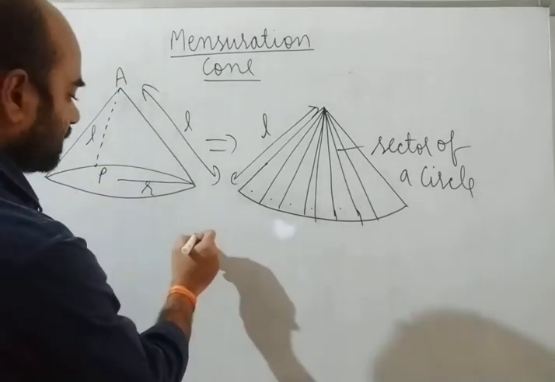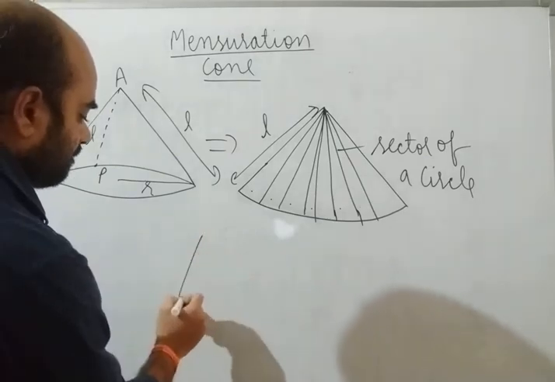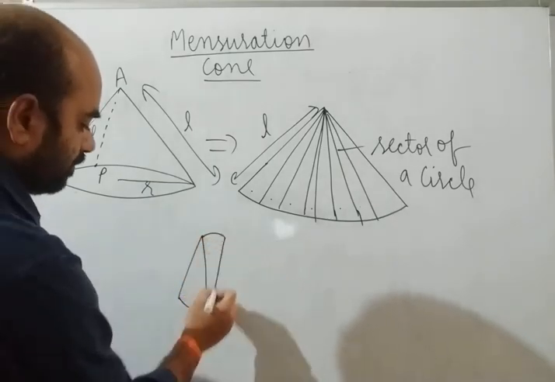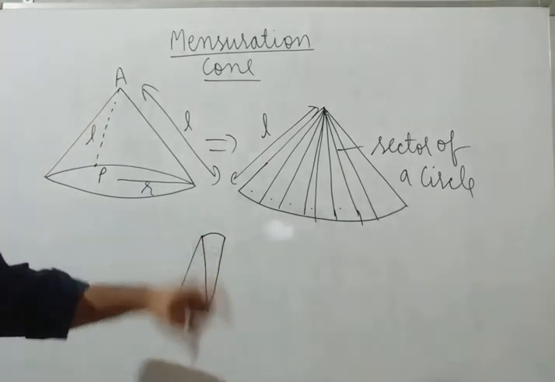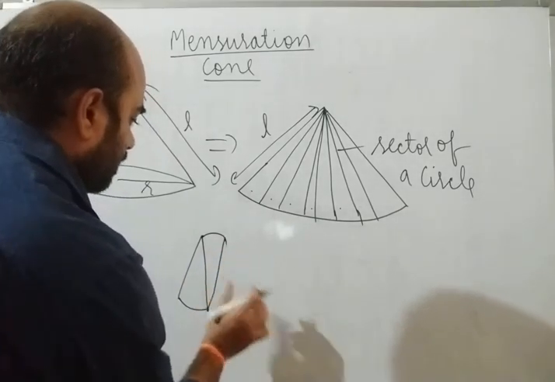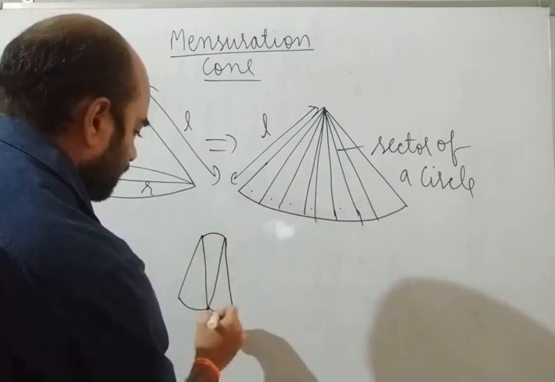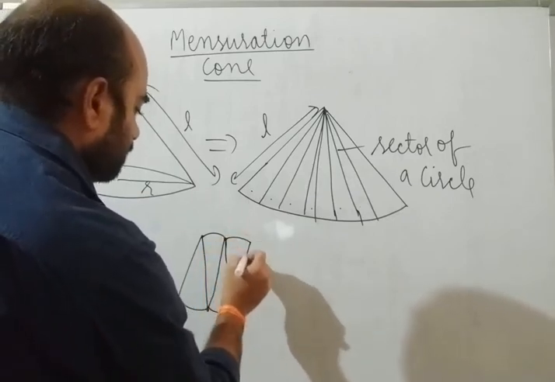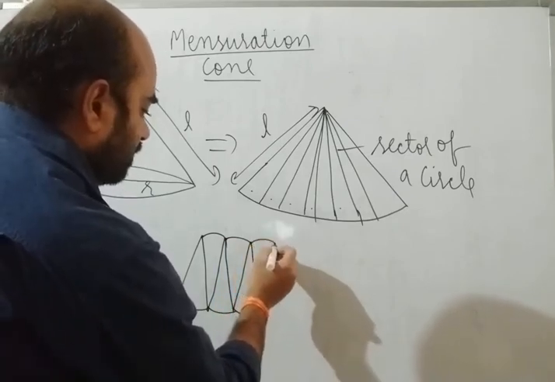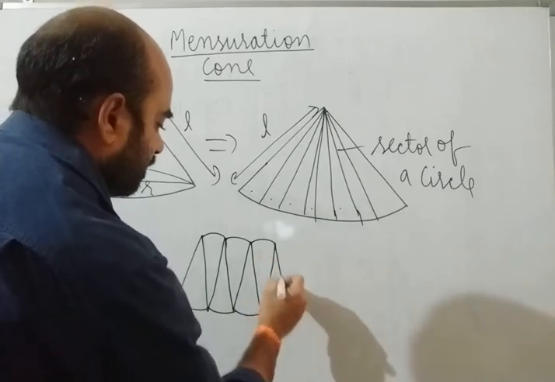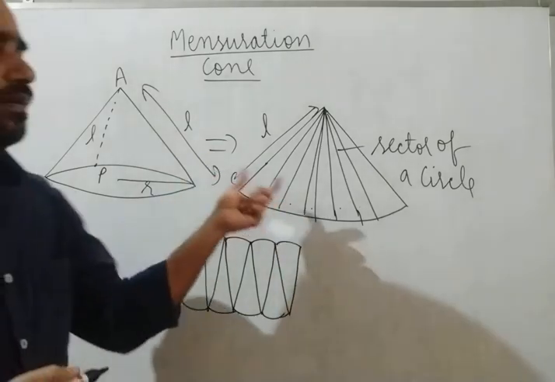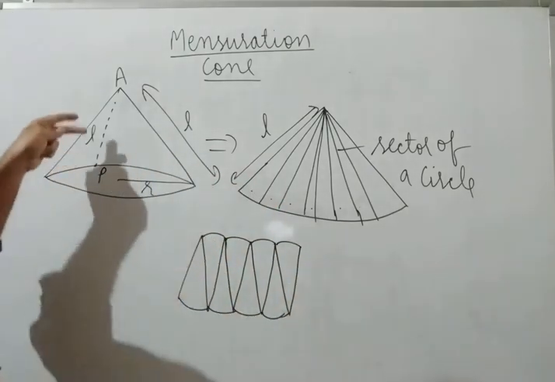See, one is this part, the next will be this part, then again just opposite, the next will be this part, and so on, correct?